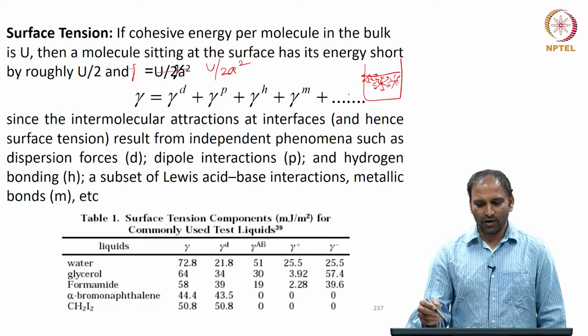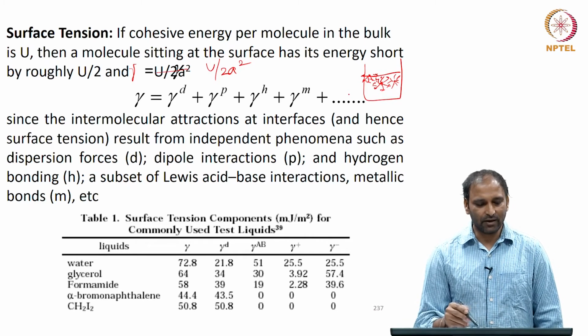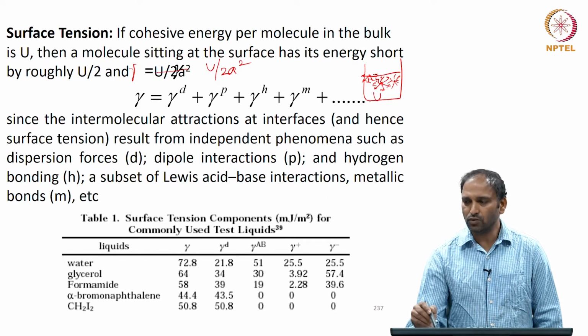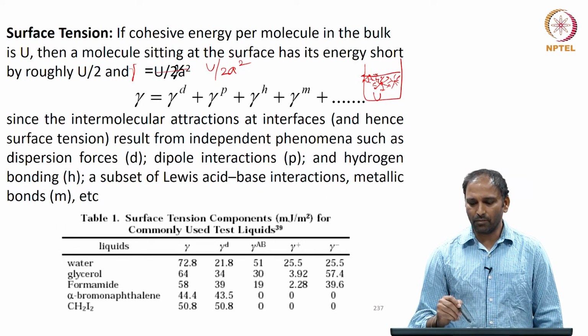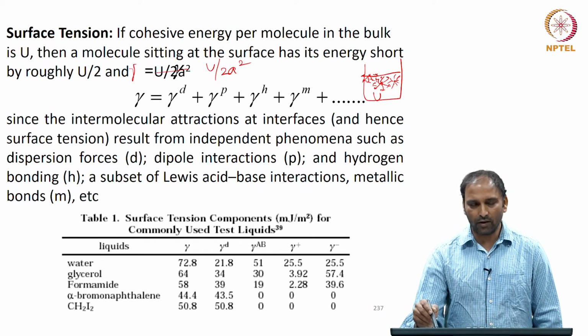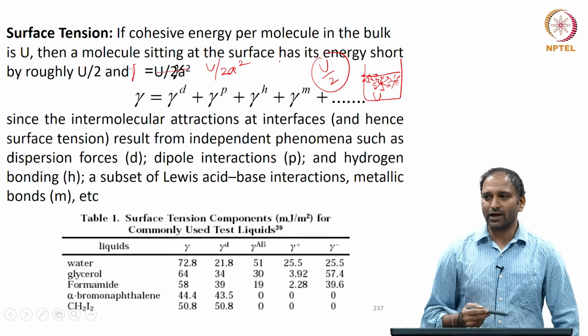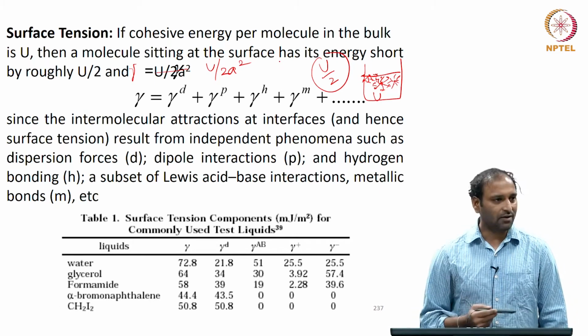So, I can define the energy of interaction between the molecules in the bulk as u. Because, if you look at a molecule at the surface, on average the energy of interaction is going to be u by 2, because it is only interacting with maybe half the neighbors.